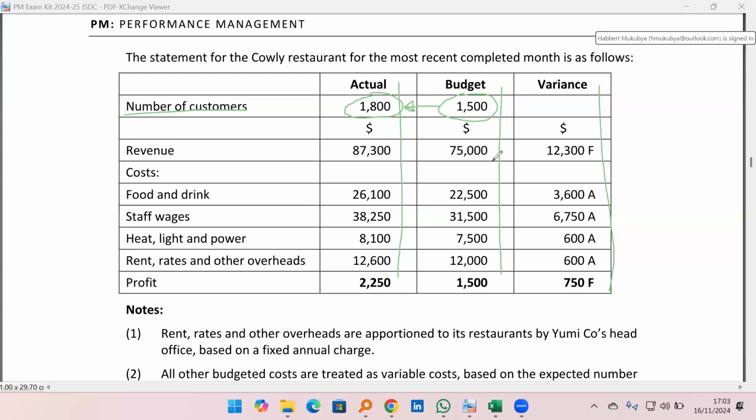If you have these people, they will take more drinks and more food. You will pay more people for these people. You see that everything will change as long as the activity changes. And therefore, it's not good for you to just start judging me that I have done poorly or I've done well based on the activity levels that were budgeted versus the actual ones. Hence the need for flexing. I hope that is clear, because you had asked me to explain it.